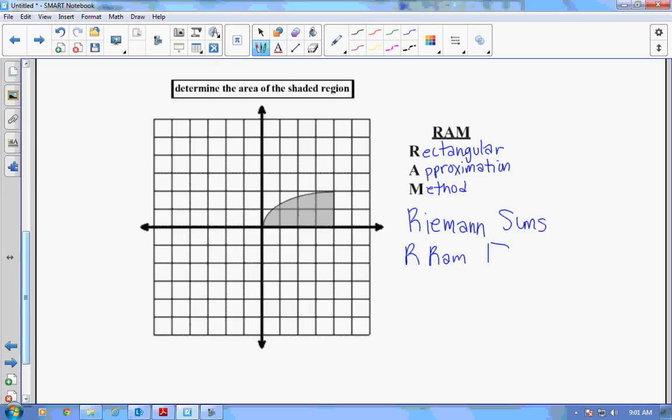That would mean the top right corner would be on the curve. We have an LRAM standing for left, which would mean the top left corner of our rectangle would be touching the curve. And then we have a center, or mid, the MRAM, which would mean the midpoint of the top of the rectangle would be touching the curve.